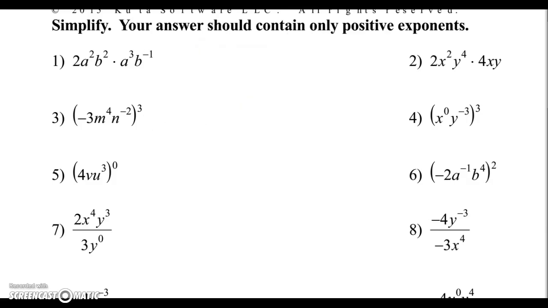Okay. Number 3. Like I showed you yesterday, you can think about this one in the long version. It's really telling us we're going to take the inside quantity and multiply it together 3 times. So we would say negative 3m to the 4th, n to the negative 2nd, and multiply that 3 times. Okay.